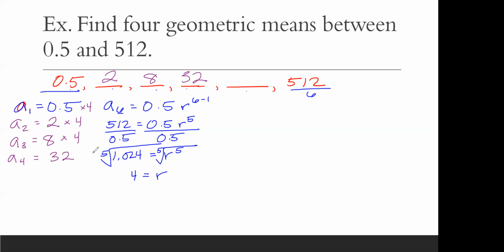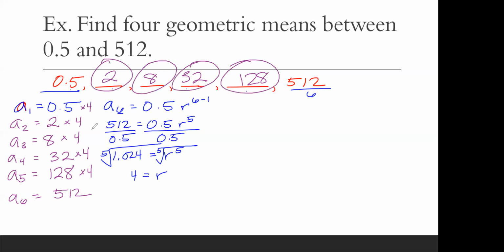And one more time, because I need 4 terms, multiply 32 times 4 to get my fifth term, which is 128. Just to double check, you should multiply 128 by 4, and that's your sixth term, and when you do that, you get 512, which is what we were given here, so we know we are correct. These are our missing geometric means.